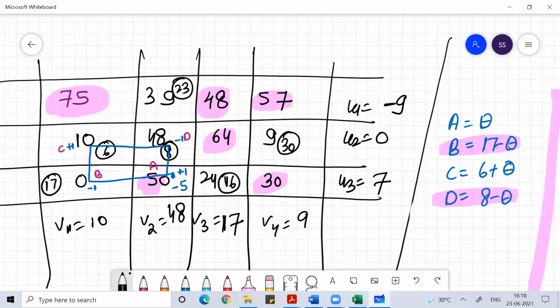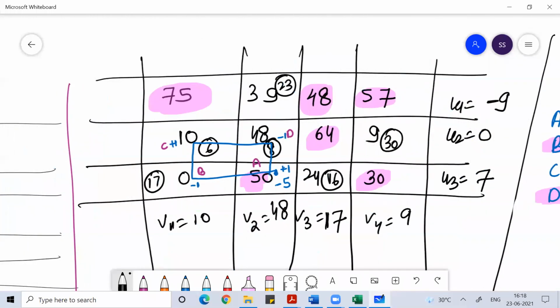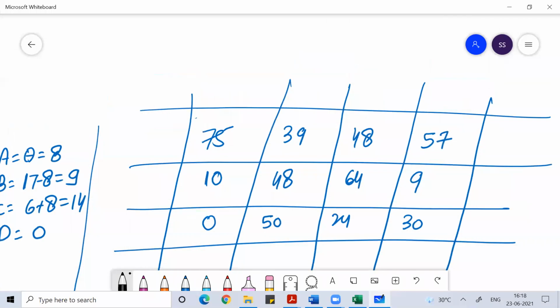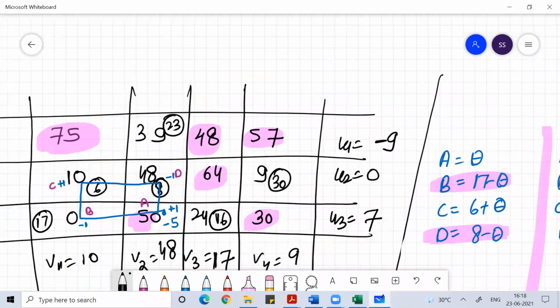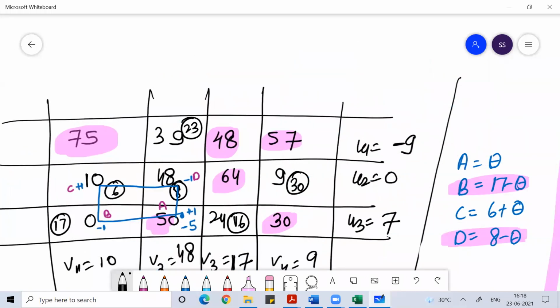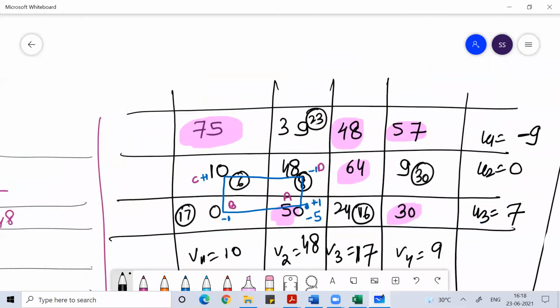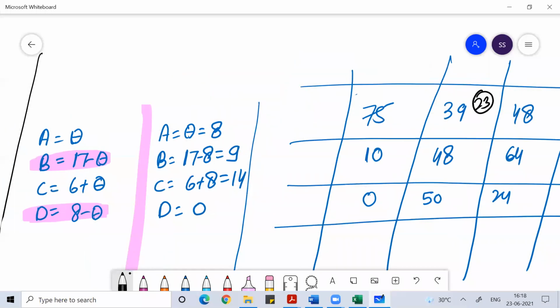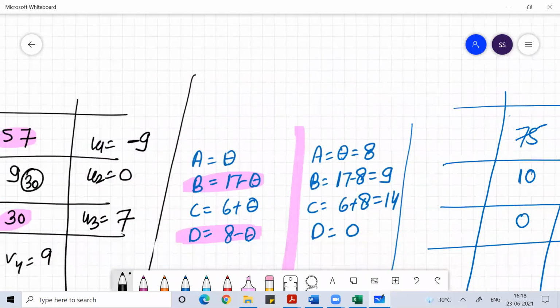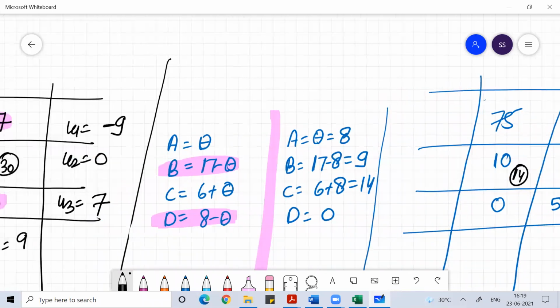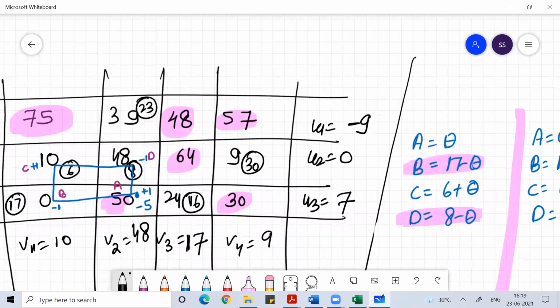So 39 is 23, then C is 14, and D was 8, which you made 0.